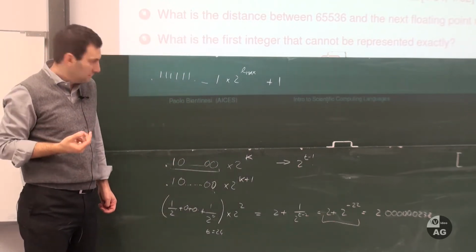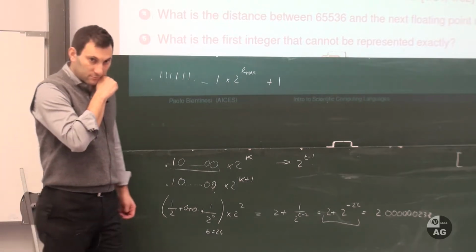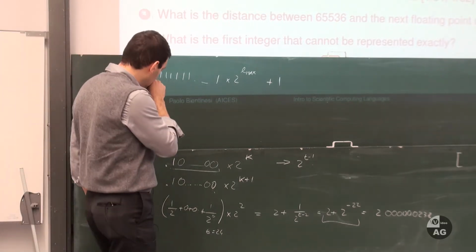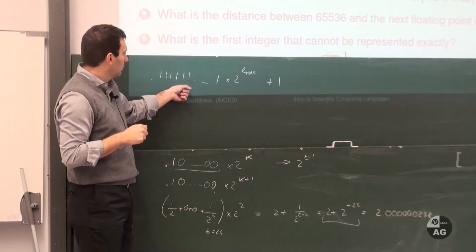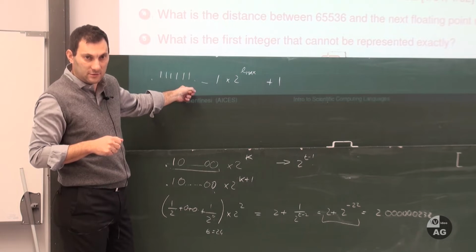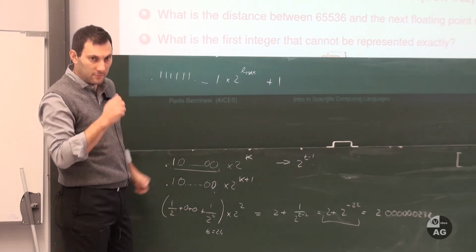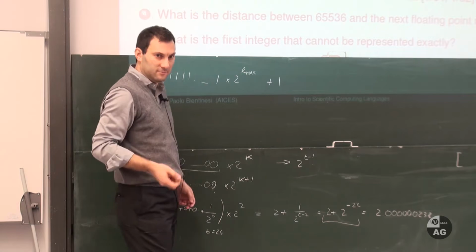The exercise doesn't ask for the largest, but the first integer, so it would be the smallest, that cannot be represented exactly. Okay, sorry, yes. So, are you saying that this is the right answer? No. Why not? Because it's not the first. It's not the first, exactly.